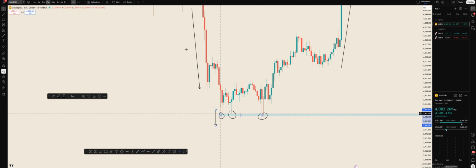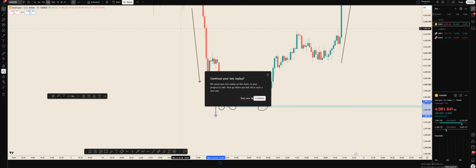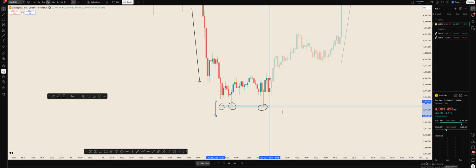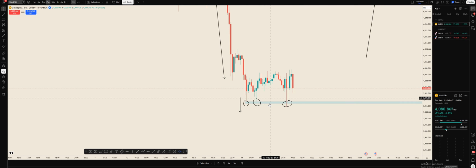If we focus here, we also have a resistance where the market is failing to break above. So we have a resistance and we have a support. Very simple, a very simple understanding.